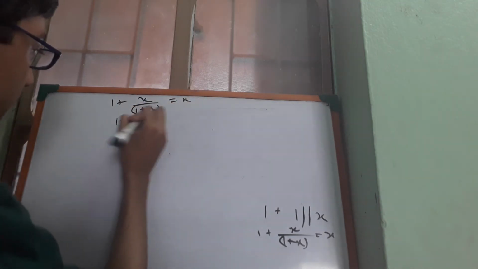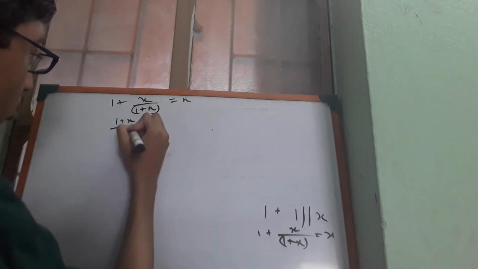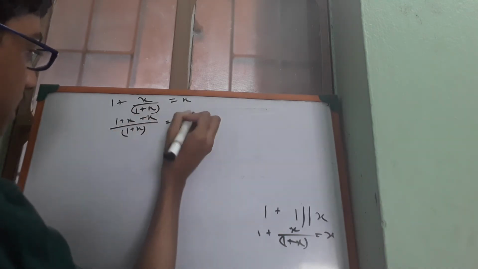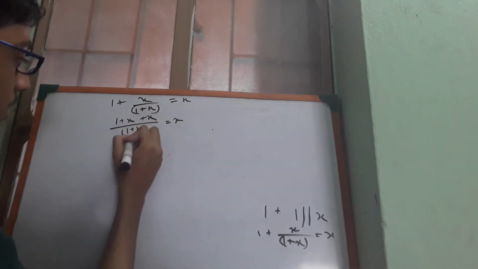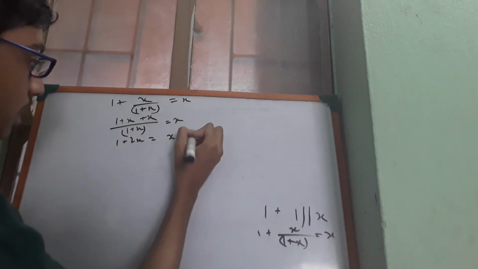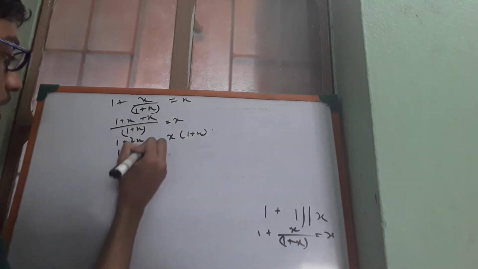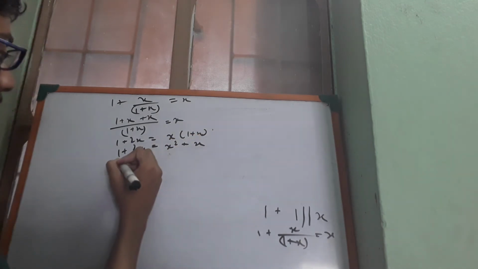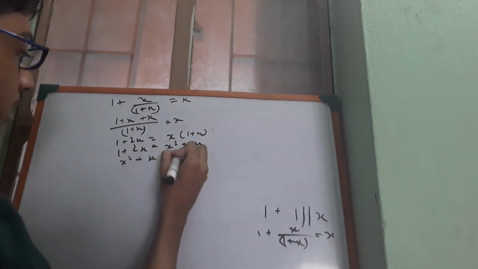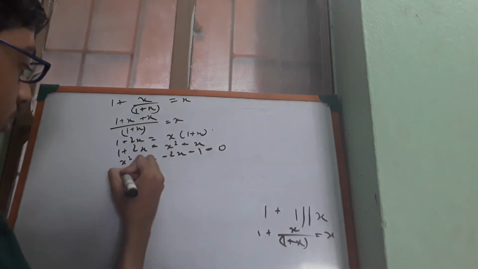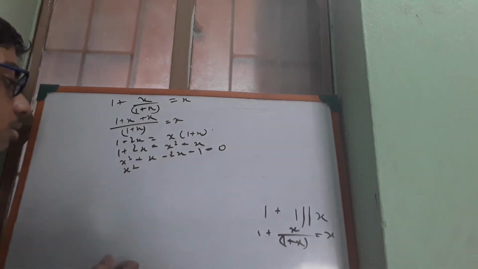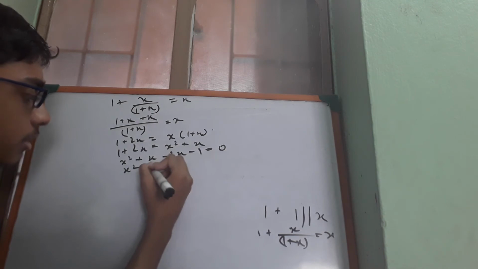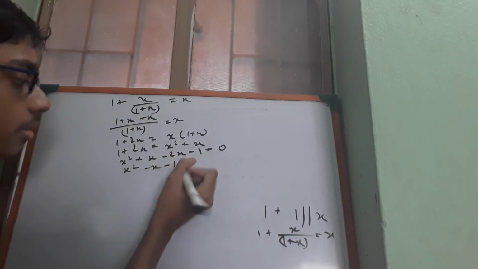Taking the LCM, 1 plus 2x equals x times 1 plus x, or 1 plus 2x equals x plus x square. That means x square plus x minus 2x minus 1 equals 0, so x square minus x minus 1 equals 0.